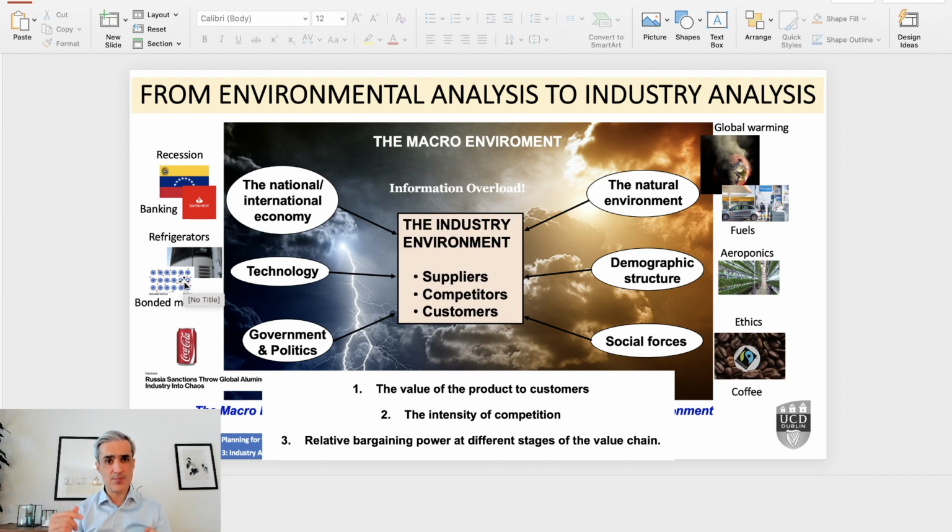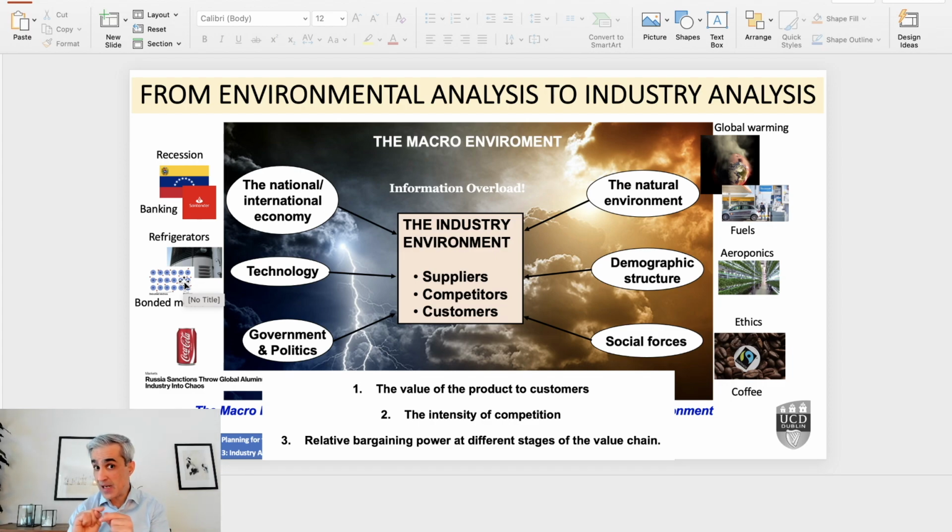And we have it here in this box, okay? We actually have it at the bottom, but it's just one of them. The customers are important. Then we talk about the intensity of competition as well. How many others are selling the same product as you? And that's what we have in the box here in the middle. We have your competitors. And then we have the relative bargaining power at different stages of the value chain, meaning who do you need to produce your solution?